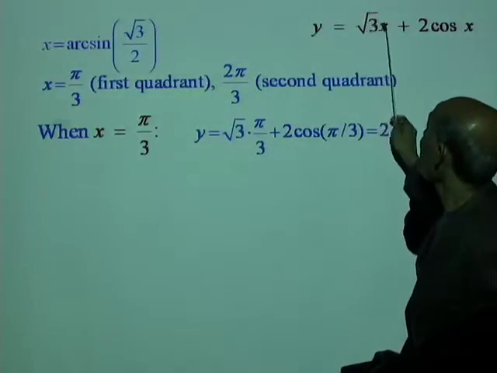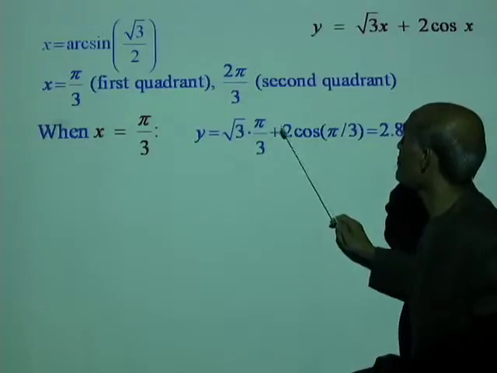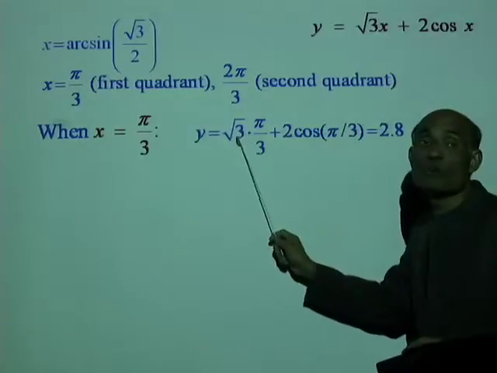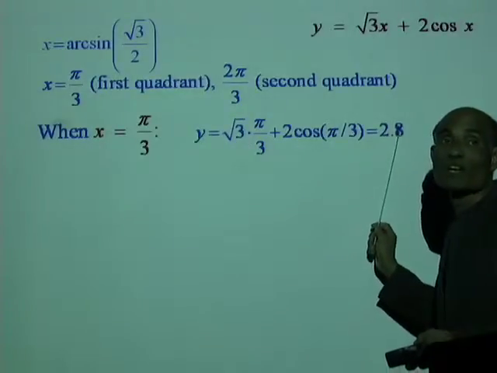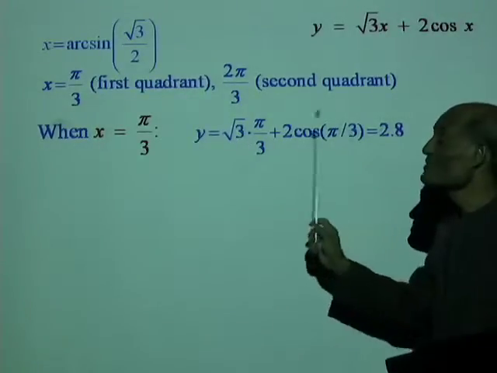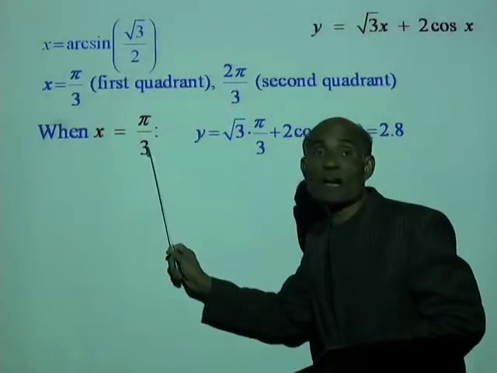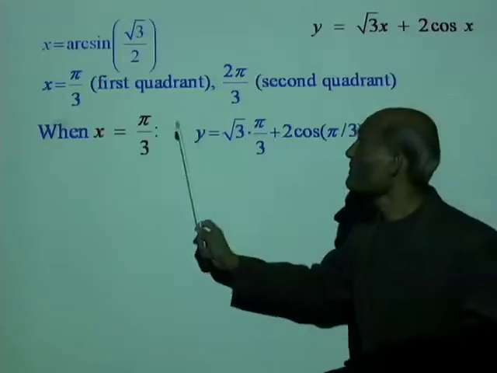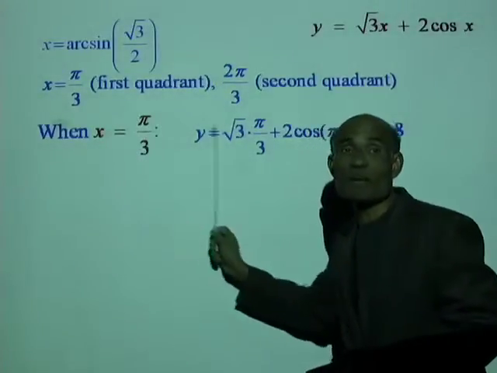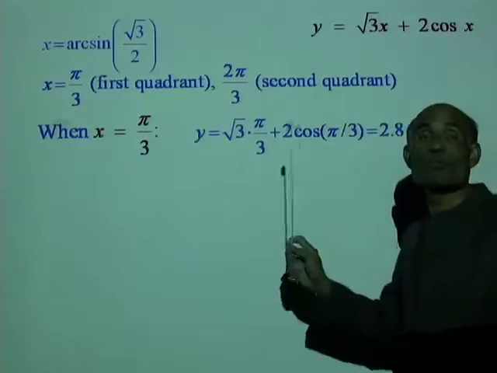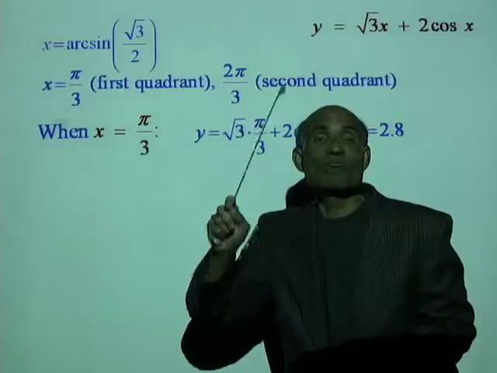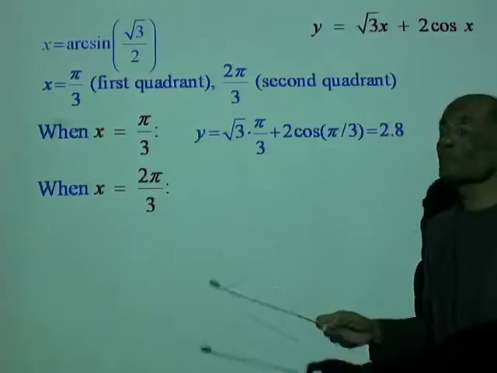Y equal to square root 3 times pi by 3 plus 2 cos pi by 3. And if you put this in your calculator, you will get 2.8. So when x equal to pi by 3, y equal to 2.8. That means at this point you will have a horizontal tangent line. At that point, the derivative is 0.